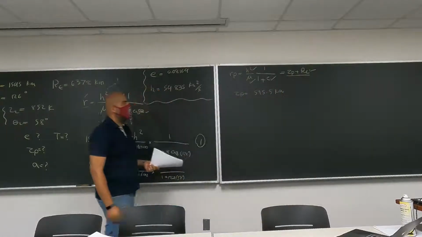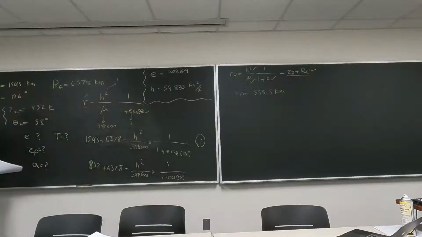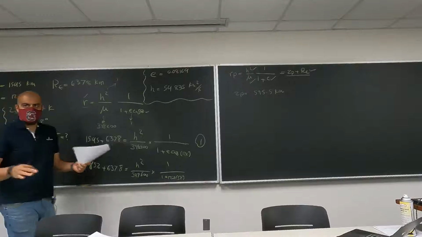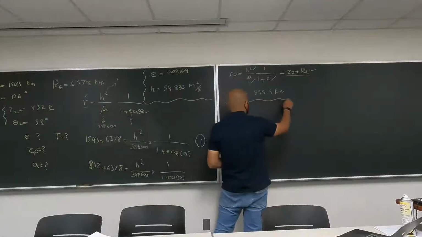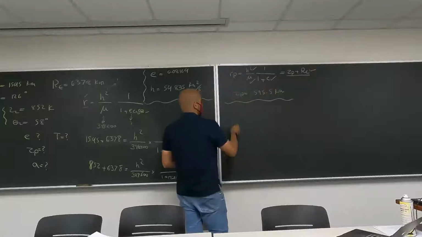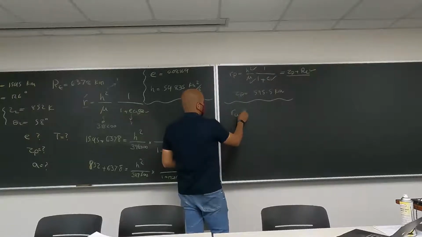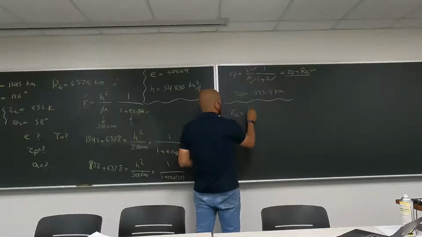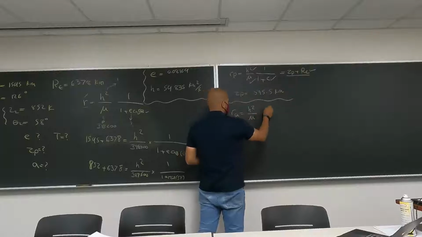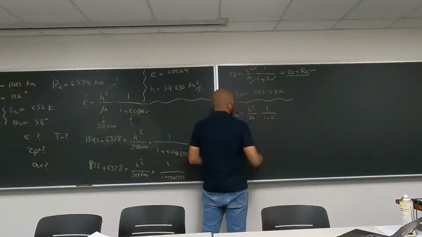The next part is asking us to find the semi-major axis. To find the semi-major axis, we had many equations, right? You are always welcome to use those. But we can also find RA, or the radius of apogee, h squared over mu divided by 1 minus e, right?